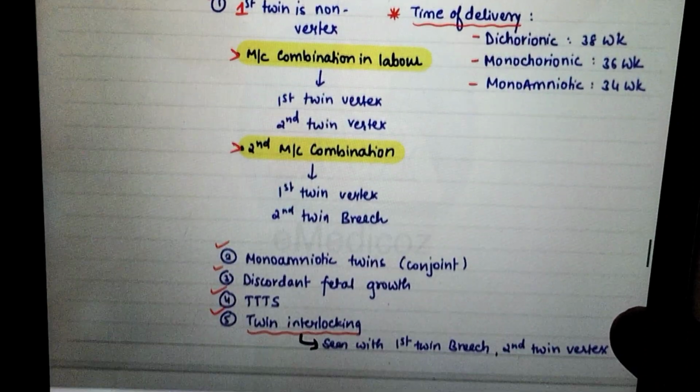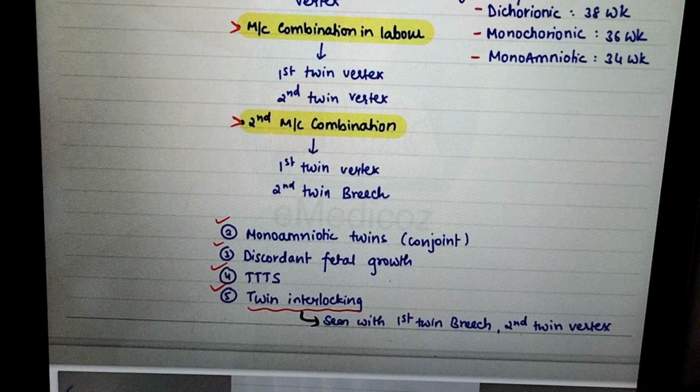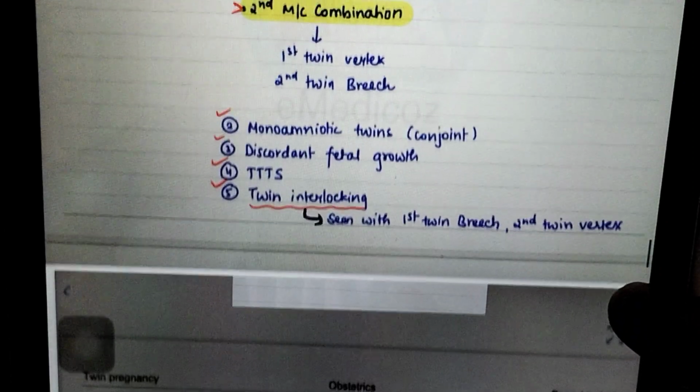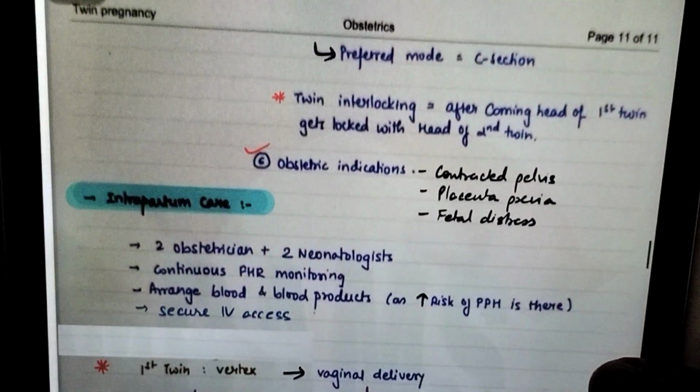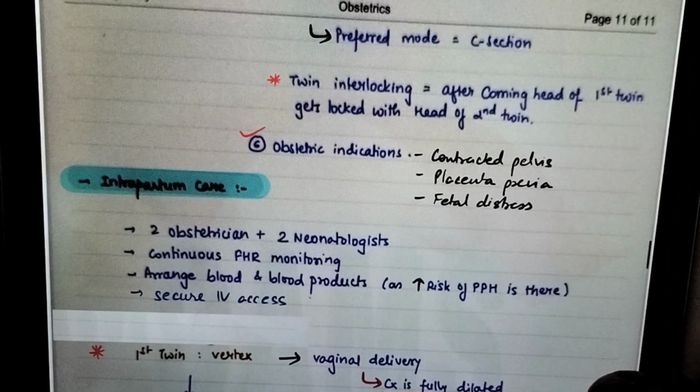Other indications are conjoined twins, monoamniotic twins, discordant fetal growth, twin-to-twin transfusion syndrome, and twin interlocking. In this, first twin will be breech, second twin vertex. The preferred mode will be C-section.